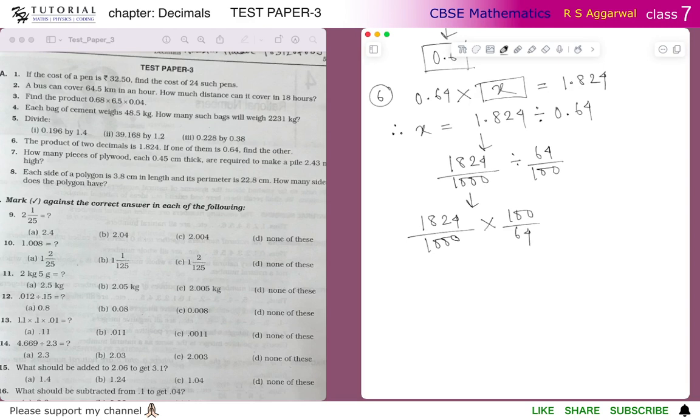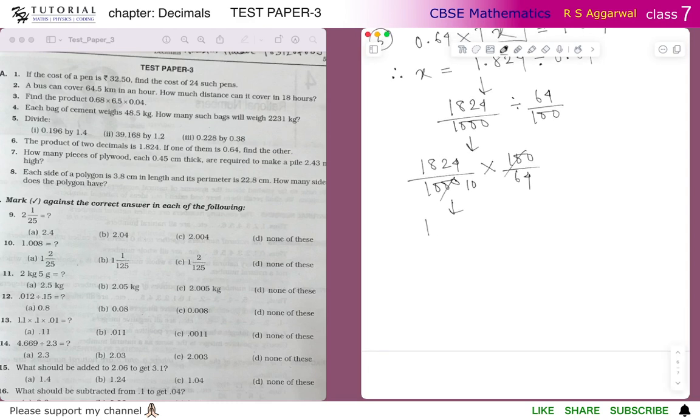We cancel out the powers of 10. Now this becomes 1824 divided by 64 multiplied by 1 by 10.